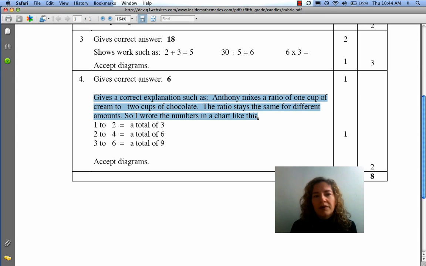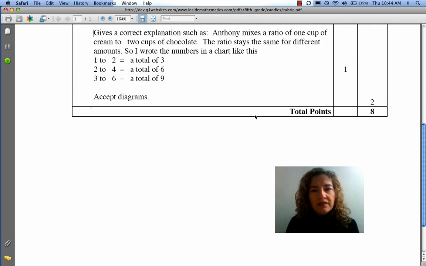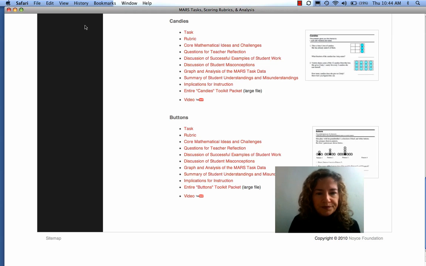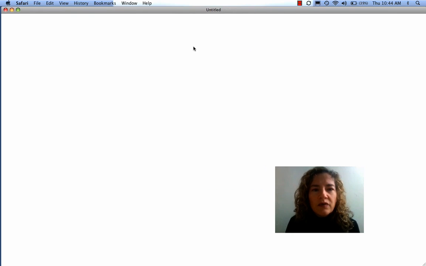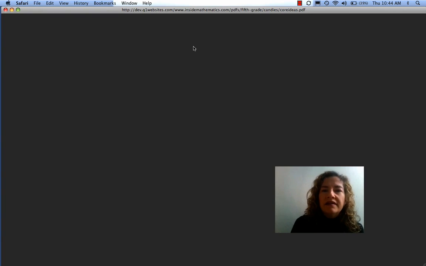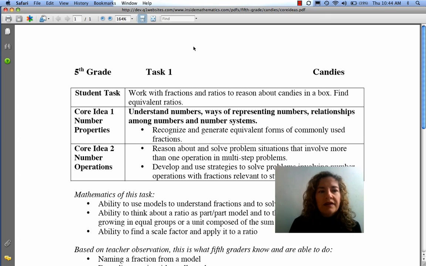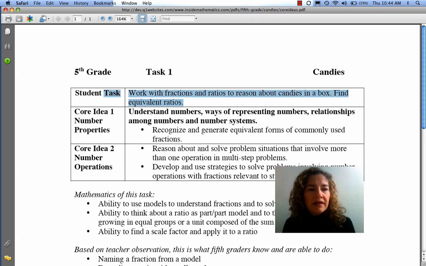So, for example, Anthony mixes a ratio of 1 cup of cream to 2 cups of chocolate. The ratio stays the same for different amounts. So I wrote the numbers in a chart like this, and so on. This is again that rubric that you can use. But then there are the core mathematics ideas and challenges in here. If they're working with fractions and ratios to reason about these candies in a box, they need to find those equivalent ratios.